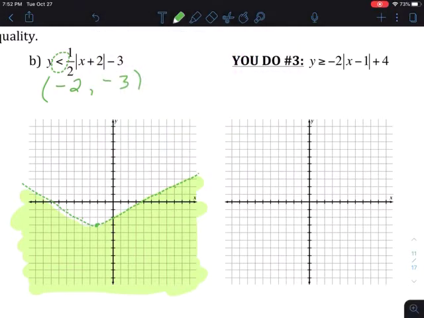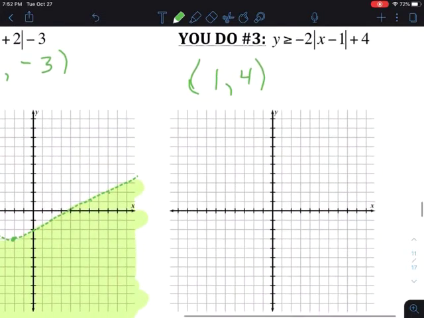The vertex here is (1, 4). The slope, a, is -2. Remember, when a is negative, it opens downward. So it's down 2 for every right 1.